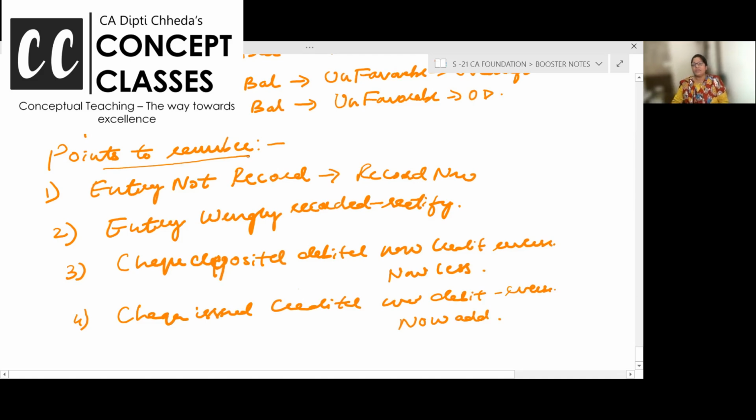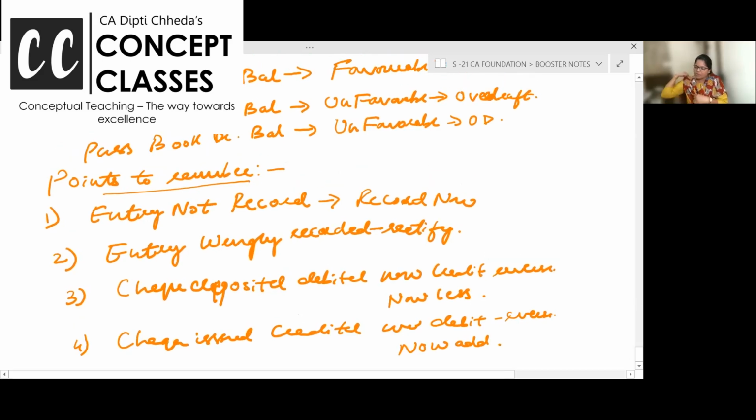All clear to all of you? Any more you feel you want booster notes? Let me know. Otherwise, right now I feel this is enough. Okay? Thank you so much. I hope you all have written. किसी का कोई point miss तो नहीं हो गया ना?